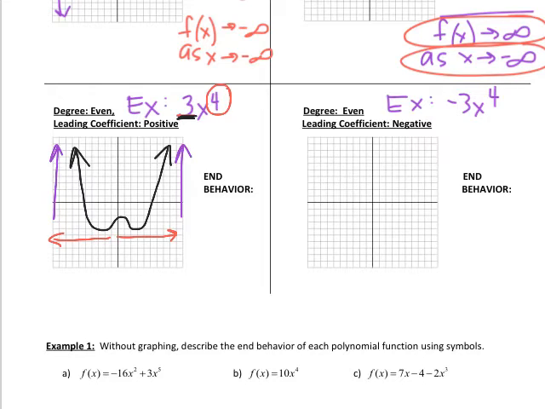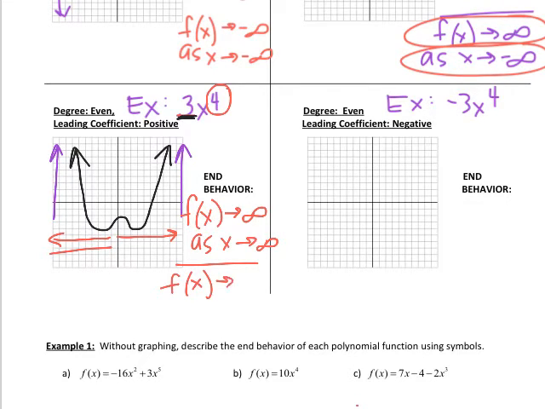So let's write this out in symbol form. The function f of x gets closer to infinity as x gets closer to infinity. And when x goes closer to negative infinity, the graph also goes toward infinity.